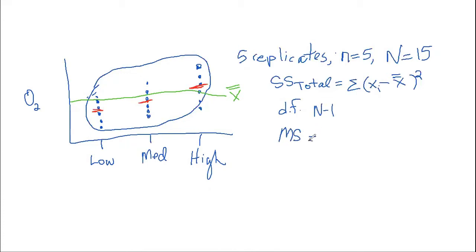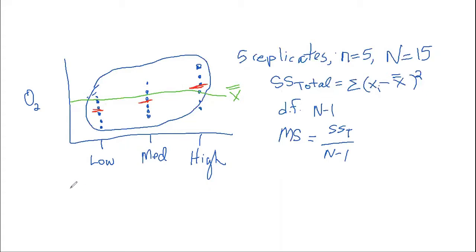So the way to get that is we're going to take our sums of squares total, which I'm just going to call SS sub t, and we're going to divide that by N minus 1. All right. So that defines our cloud, right? And now we need to define 2 other parts. That which is due to difference in means and that which is due to error.